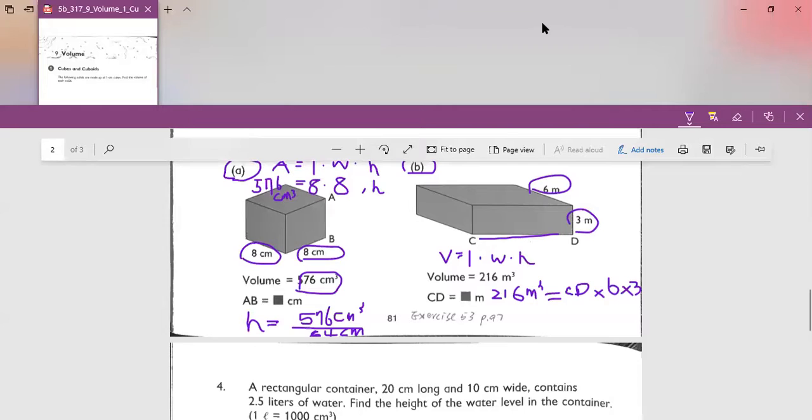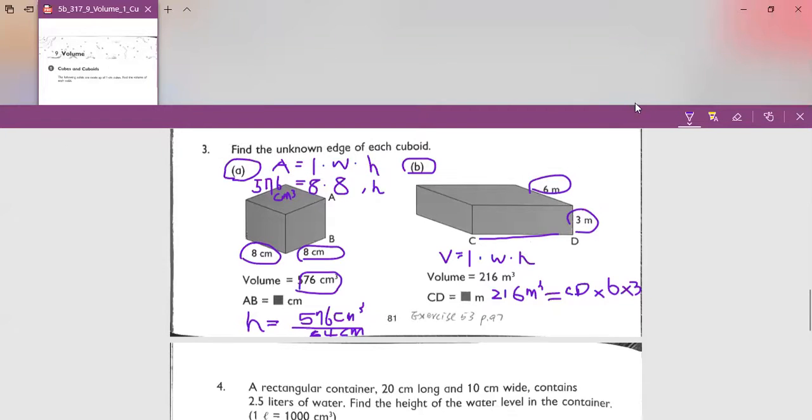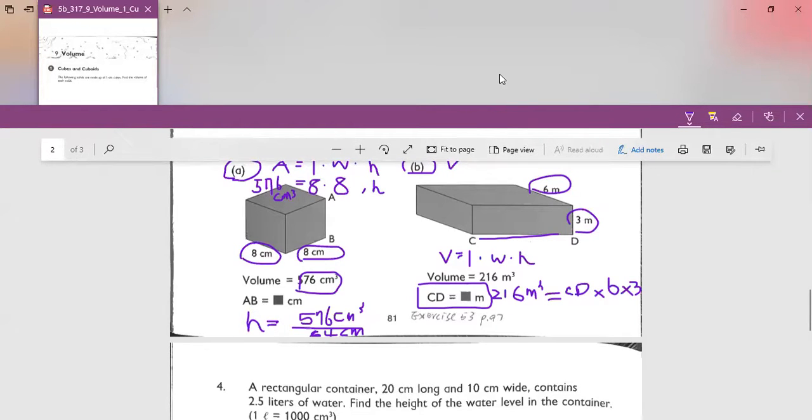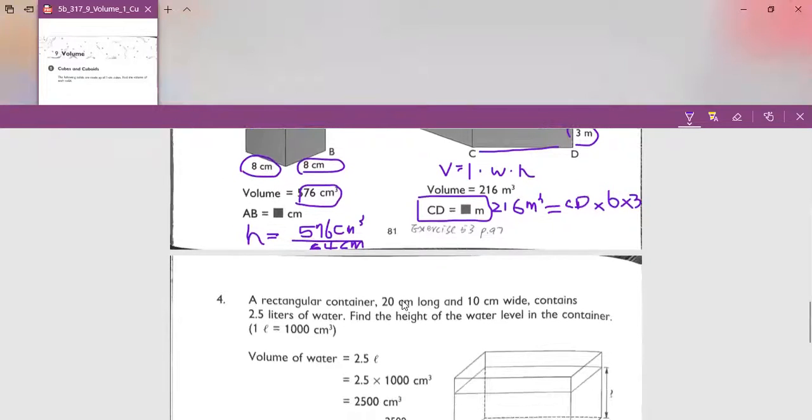For B, you need to figure out B. Everyone is figuring out question 3B. Excellent. I think everyone got the right answer. Very good.